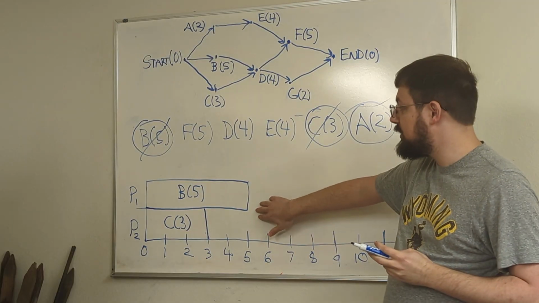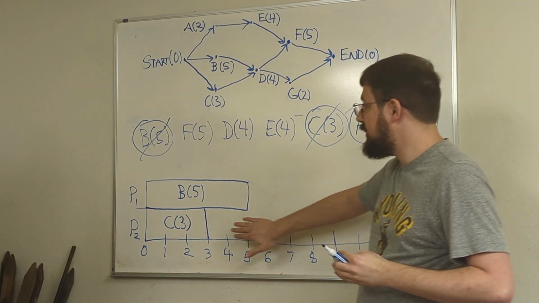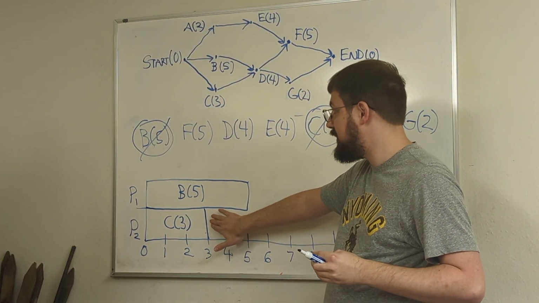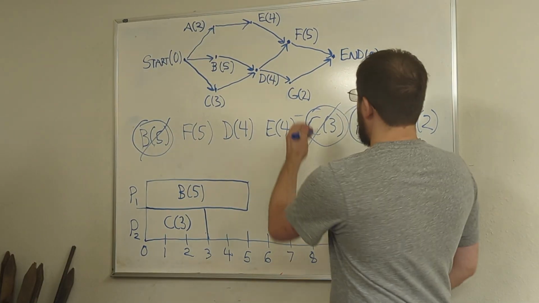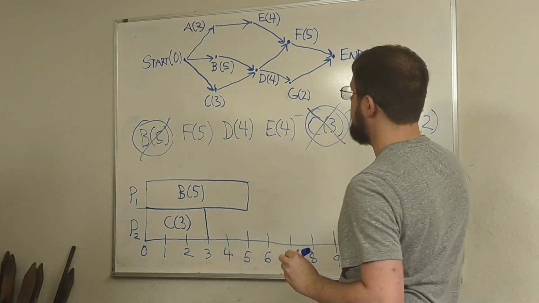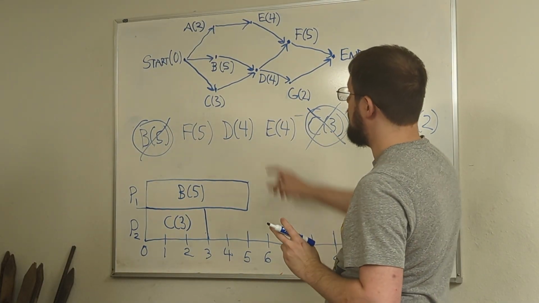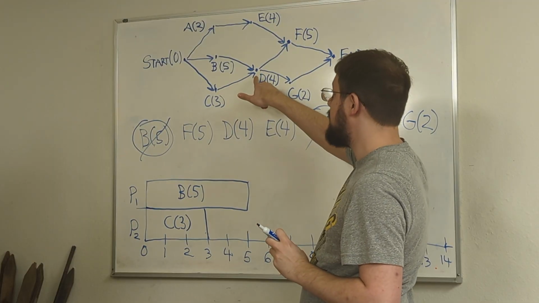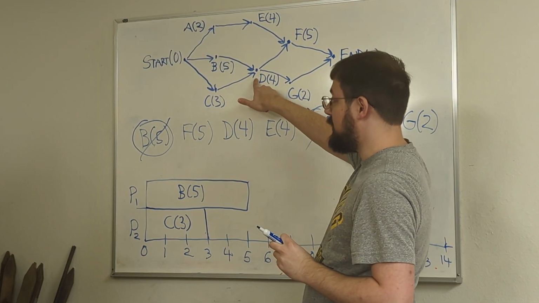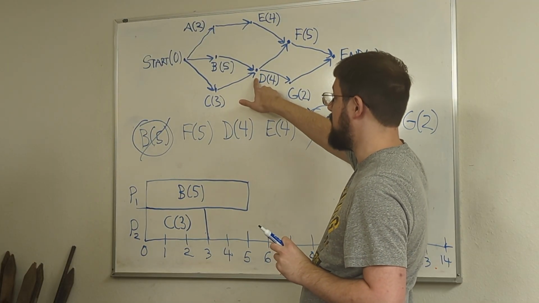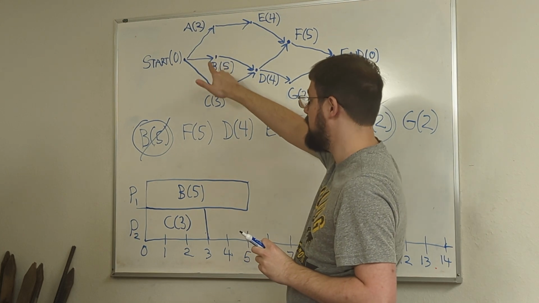So if we look at our schedule down here, the next thing that happens is we're going to finish C. So once we finish C, the thing that comes after C in this case is D, but notice that D is still not ready when we finish C because B needs to be done.